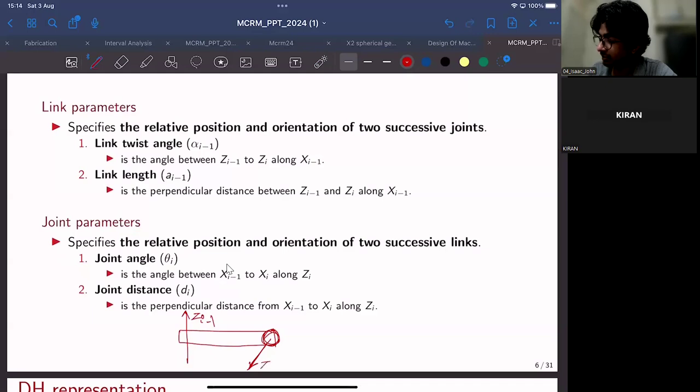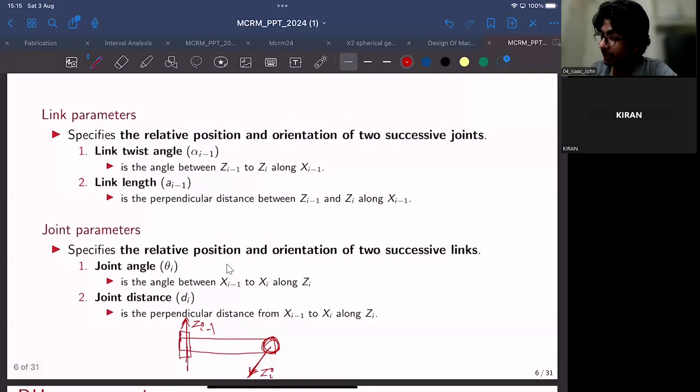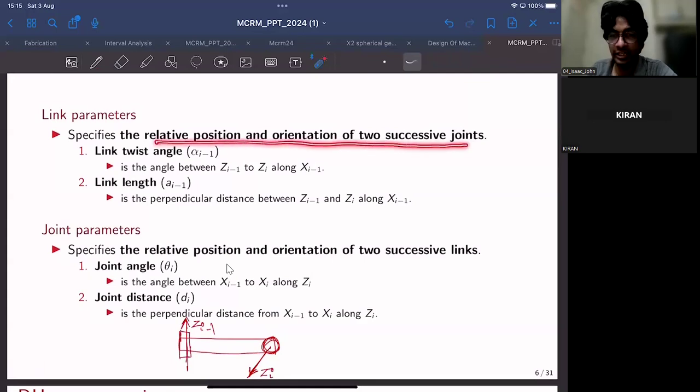I'll label this as the zi axis. This is zi minus 1, zi. And the link parameters essentially relate the position and orientation between two successive joints.